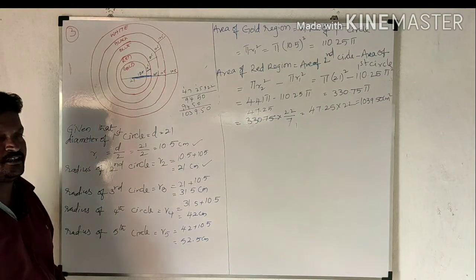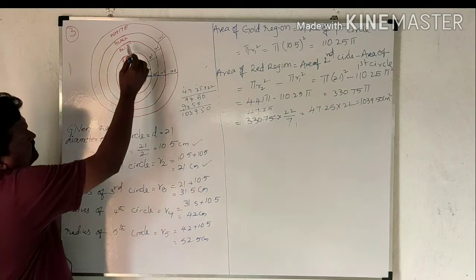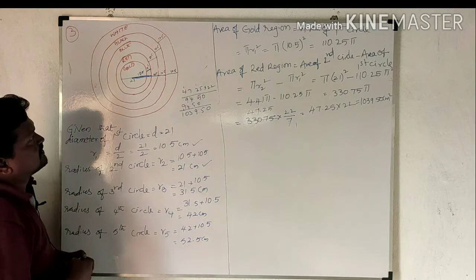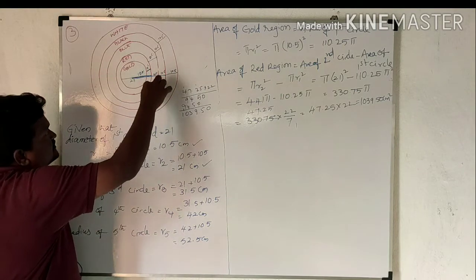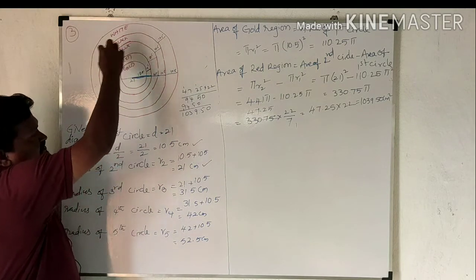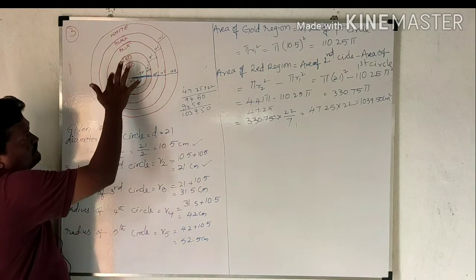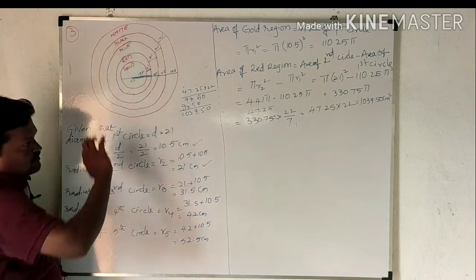Now we have to find the area of the blue region. How will we find the area of the blue region? The area of this third circle minus the area of the second circle, then we will get the area of this block.